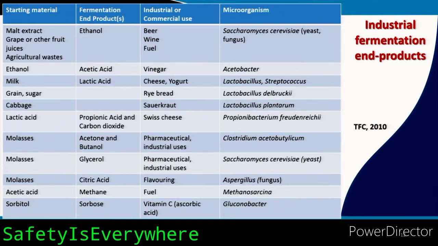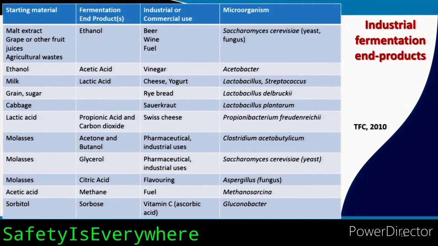So, for example, the production of beer starts using malt extract, the fermentation product is ethanol, and the mediating organism responsible for this reaction is Saccharomyces cerevisiae, which is a yeast or a fungus.